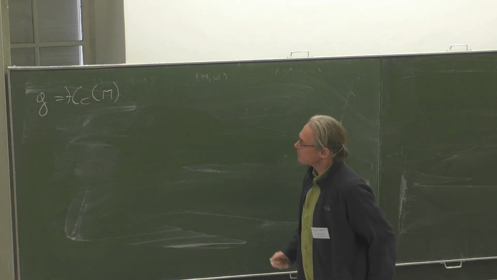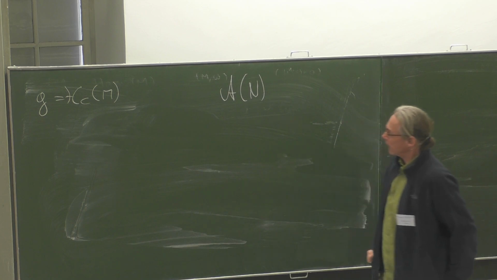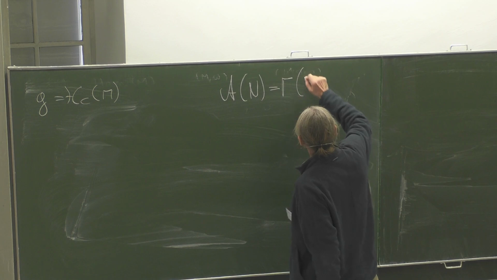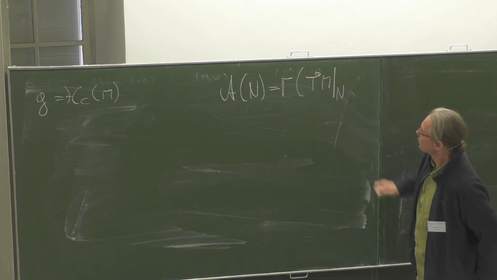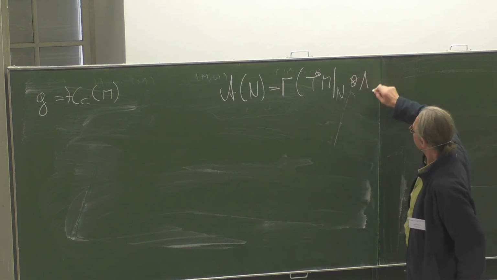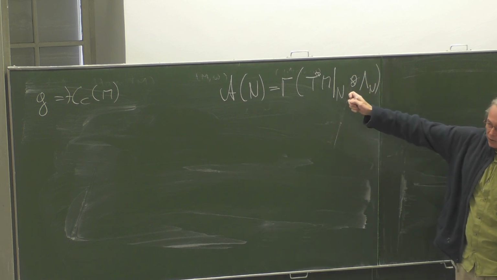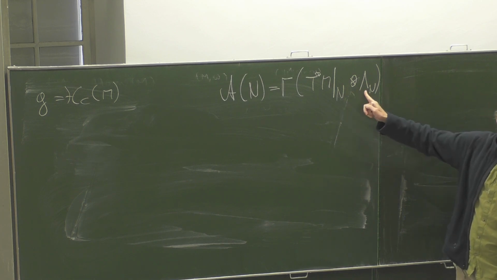We could take the Lie algebra of all vector fields. What is the data we need to write down this contraction on a submanifold N? We need a section of the cotangent bundle of M, the ambient manifold, restricted to N. And then we tensorize with the density bundle on N. And this is precisely the data that you can contract with the vector field along N. And then you get a density and you can integrate the density.